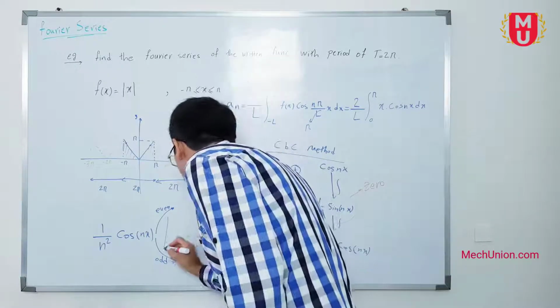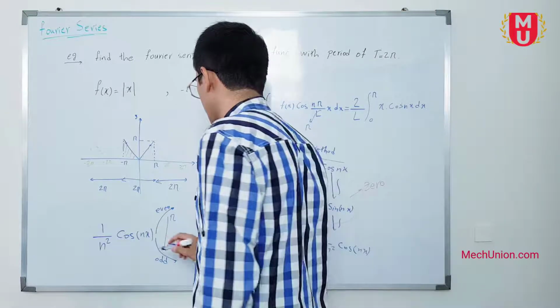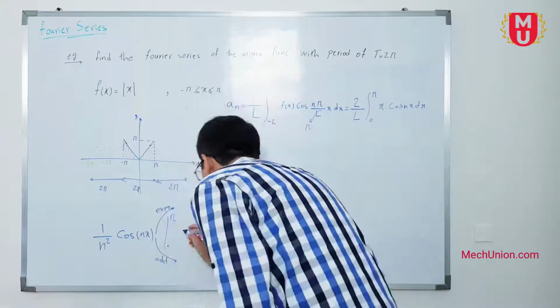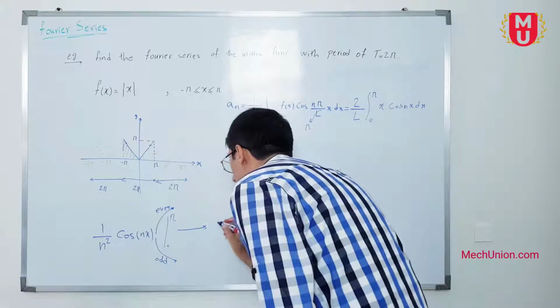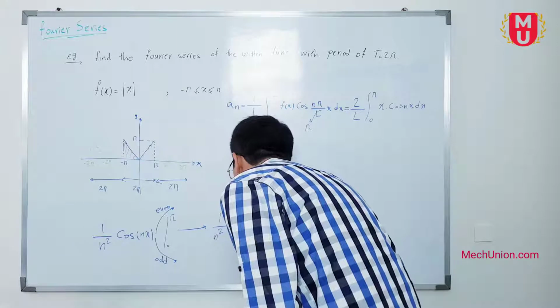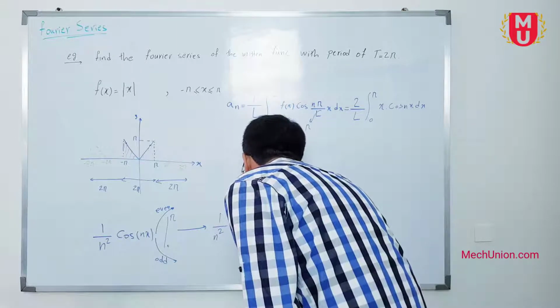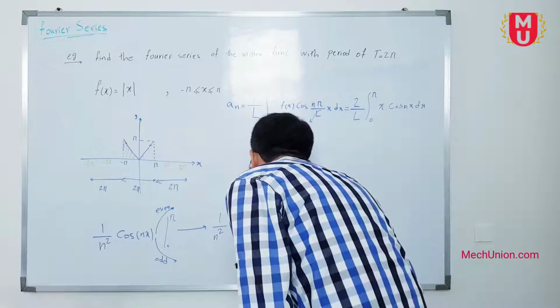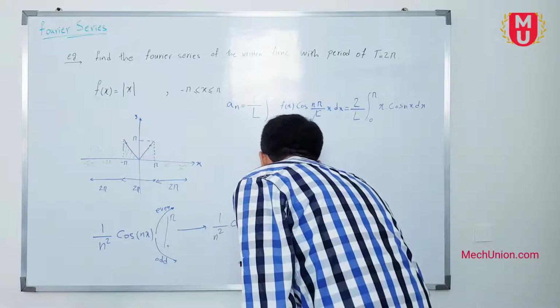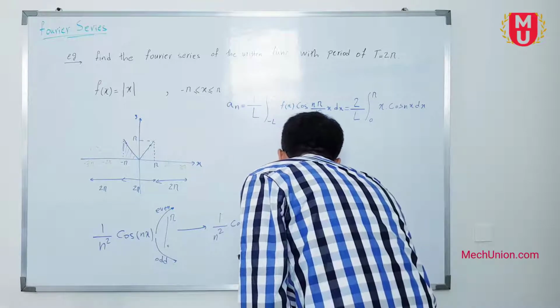We substitute our boundaries 0 and pi into this function. It will become 1 over n² cosine n pi minus 1 over n² cosine 0.